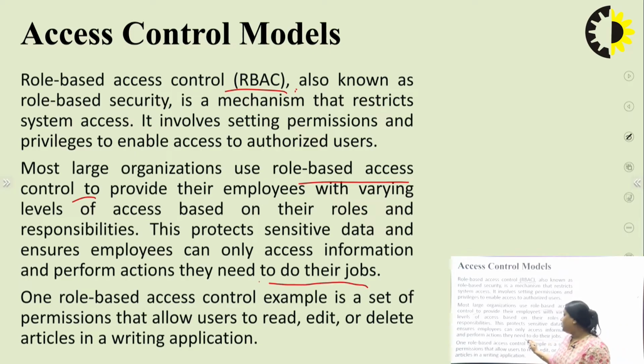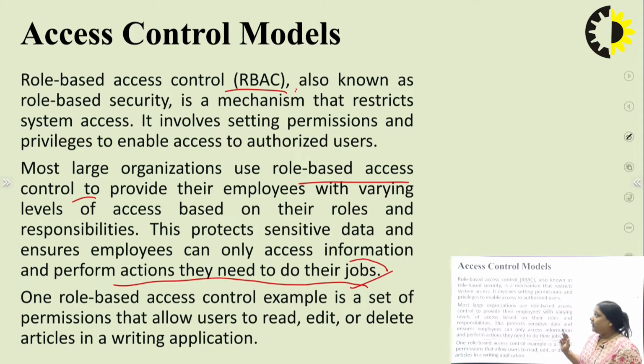So, what authority have they been given? They have been given only the authorities, and they can perform only the actions that they need to do for their jobs. So with role-based access control, if he is a sales manager, then he can only see the sales part of the organization.